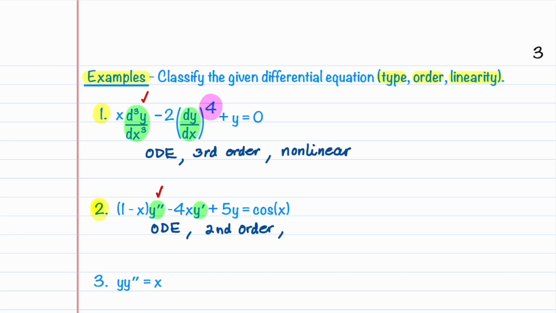In this equation, there are no terms with y or its derivative multiplied together or raised to a power other than 1, and there's no y inside a nonlinear function. This is a nonlinear function but has an x inside of it. So this equation we can classify as linear.